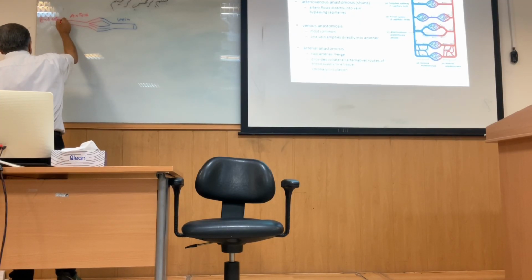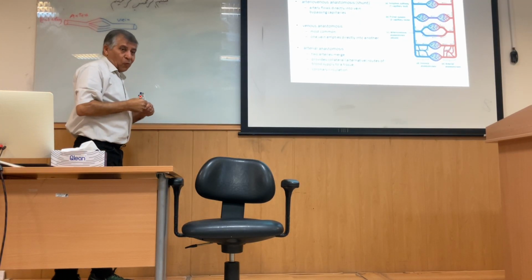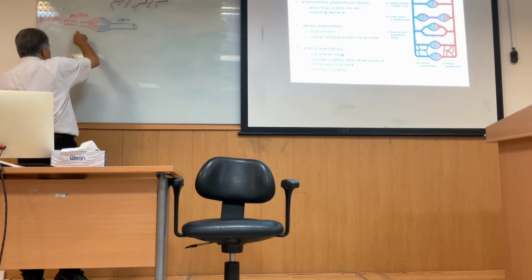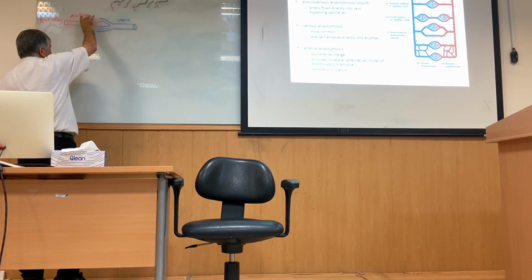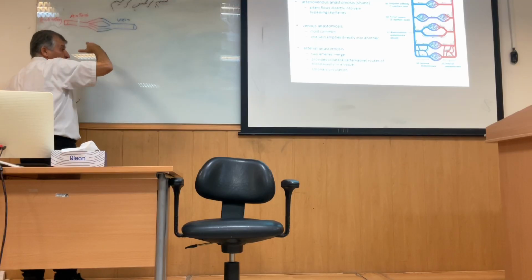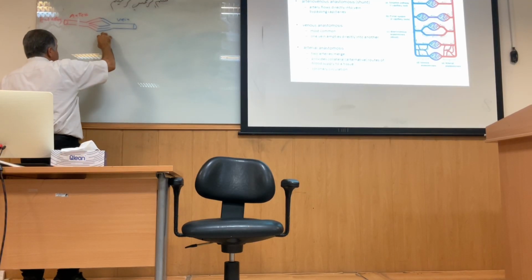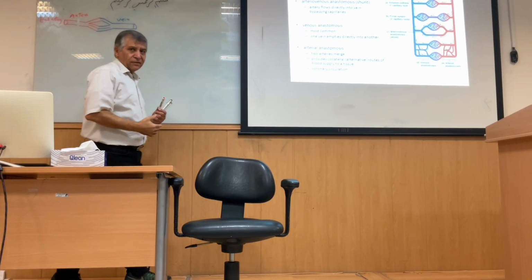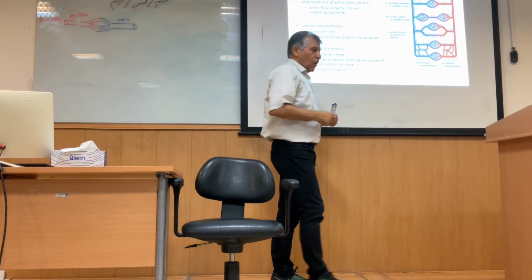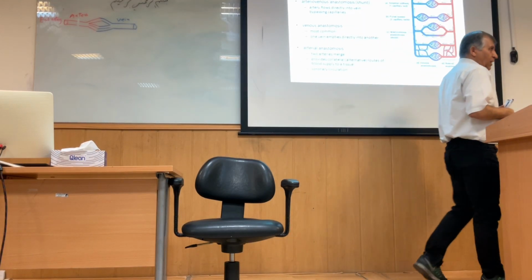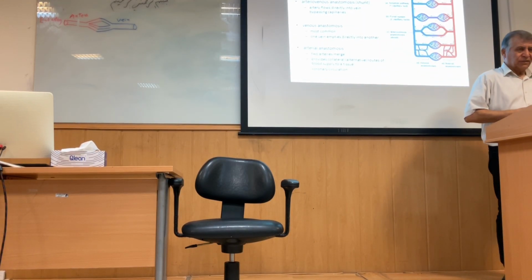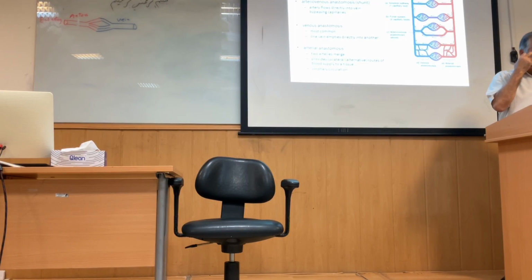The end artery is very bad because when this artery is cut, the blood flow toward capillary is stopped. This tissue is dead. Okay? Which part of body has end artery? Retina.